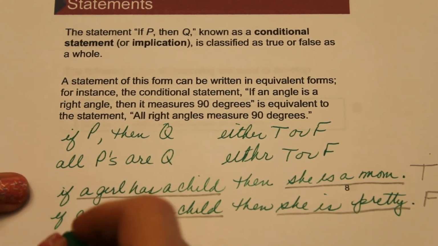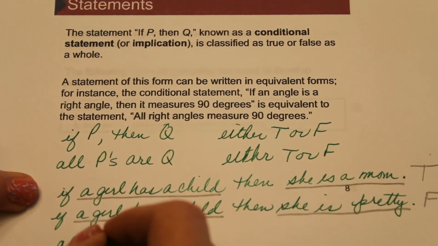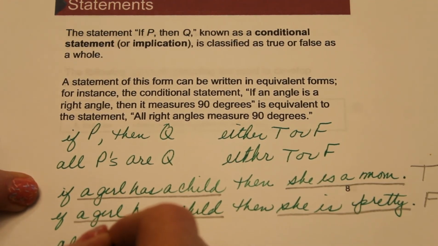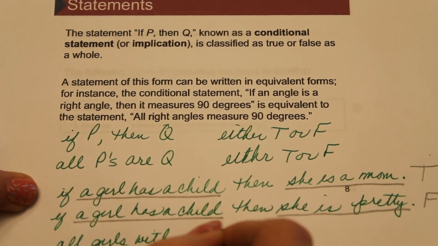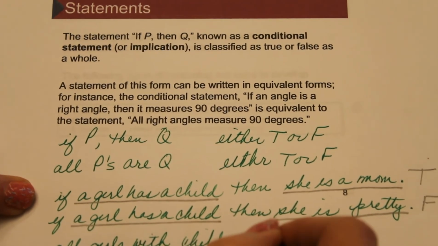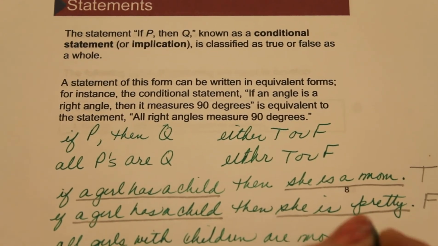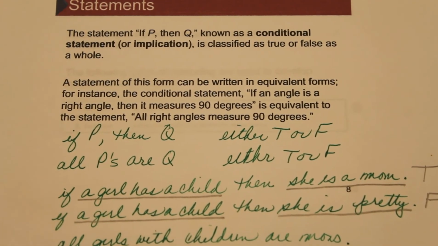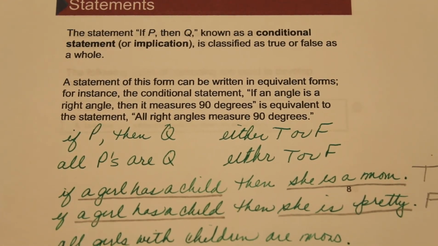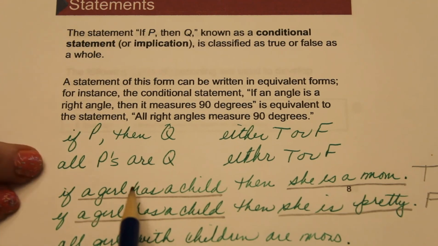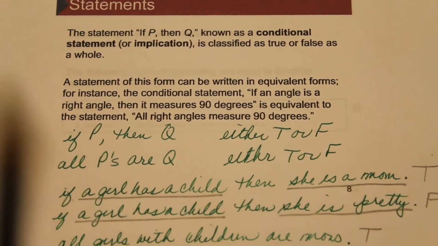We could rewrite this as all girls with children are moms. All girls with children are moms. You know what? That would be true. These are the same statement, just written a little bit differently.